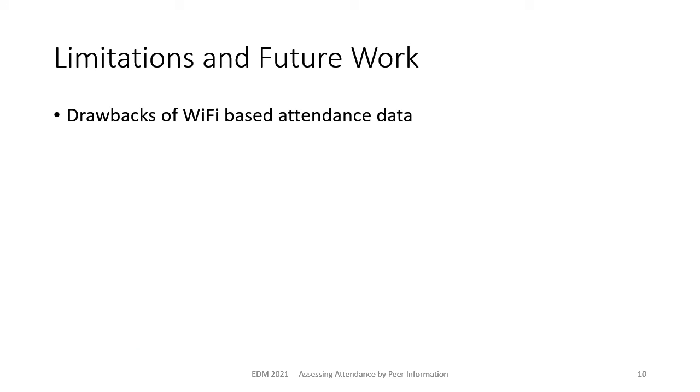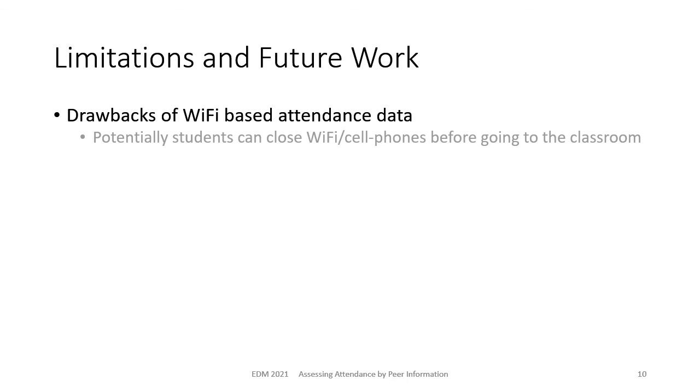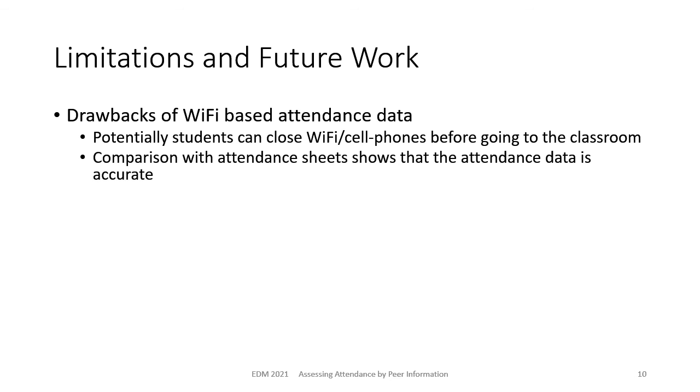In our experiments, we use Wi-Fi-based methods to collect attendance data. It is possible that some students close Wi-Fi or even their cell phones before going to the classroom. However, comparisons with attendance sheets show that the attendance data is accurate. We conjecture 2 reasons behind it.